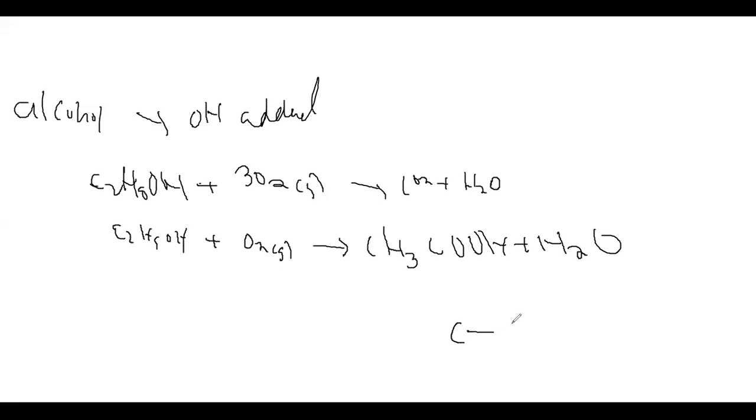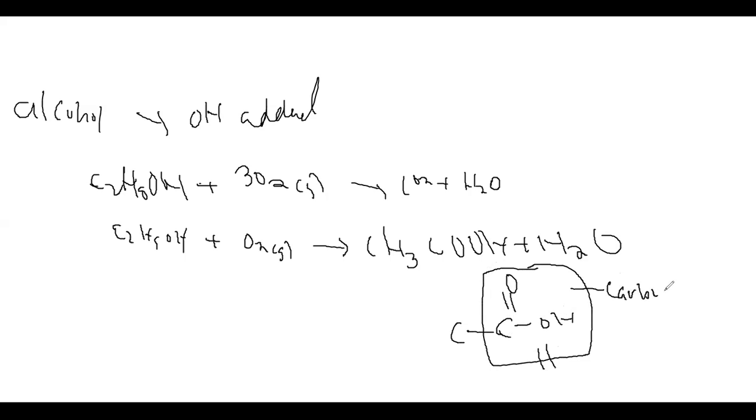C, and what happens is that C is bonded like this. This is the acid right here. And remember, this is a carboxylic acid, and this is also a functional group. It's a carboxylic acid.